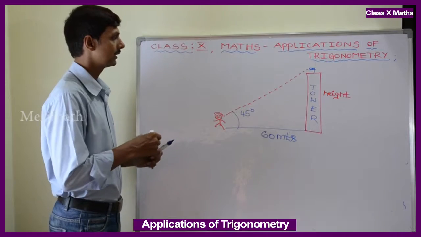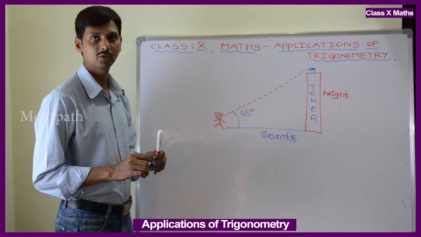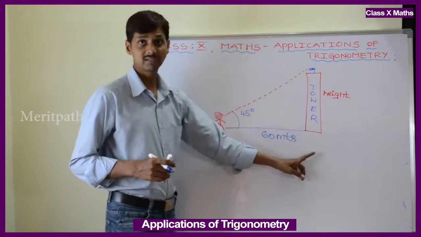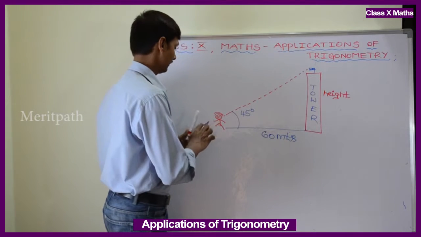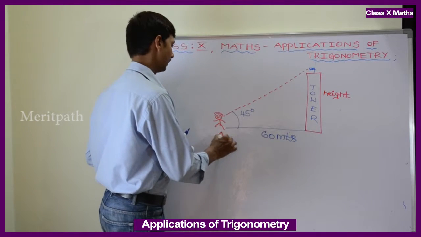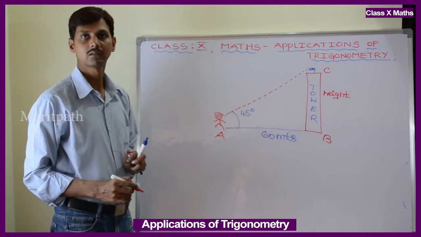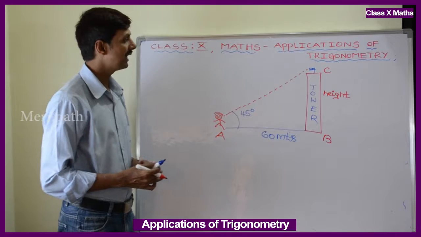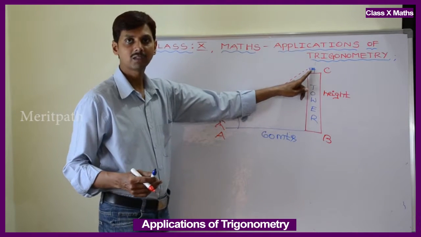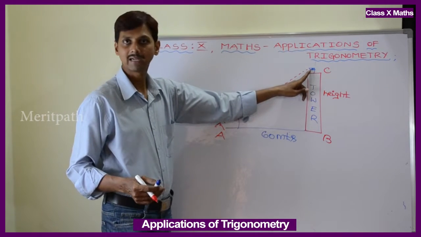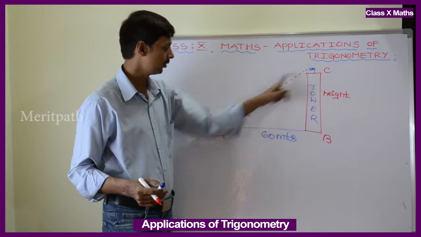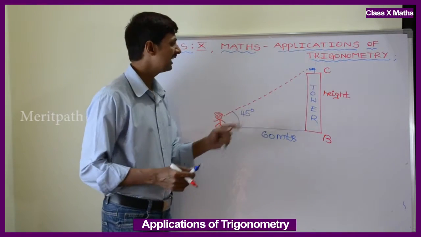So here we need to find the height of the tower, and the foot distance is given. Let us take this as triangle ABC. We have taken the height of the tower including the flag height as seen. So now triangle ABC is formed.